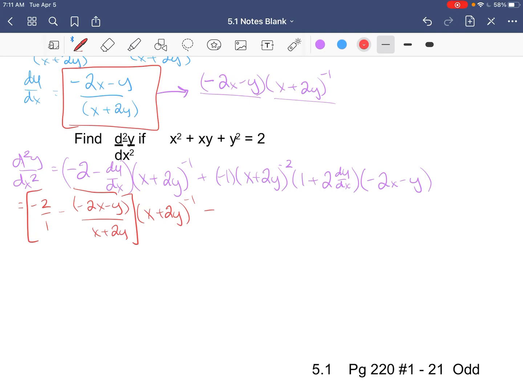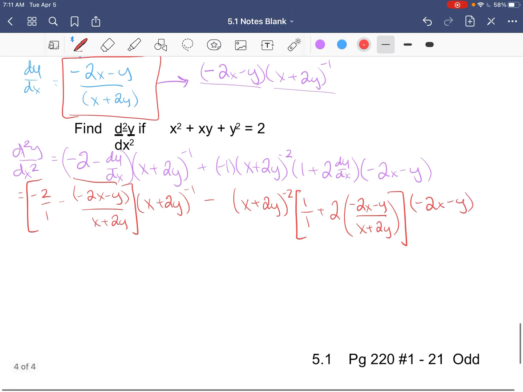Subtract, we'll take that negative 1, we have x plus 2y to the negative 2, times 1 plus 2 times our dy/dx of negative 2x minus y all over x plus 2y, times our negative 2x minus y.